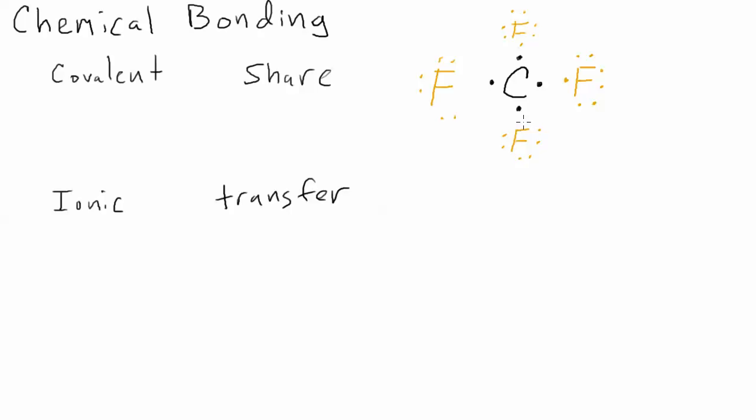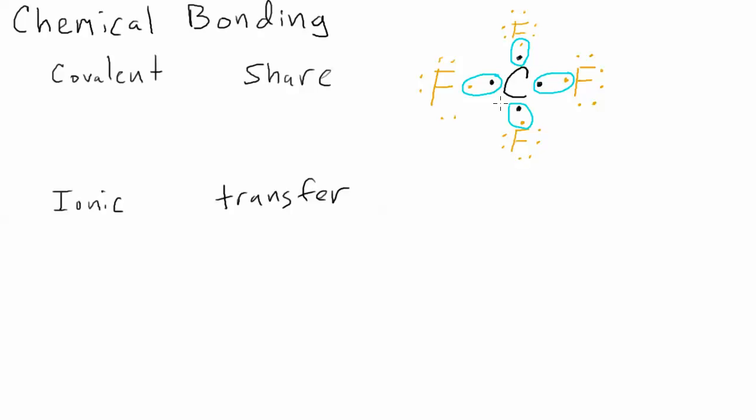And the carbon atom is going to share one of its valence electrons with each fluorine atom. And so what you get looks kind of like this. The carbon will share this electron with this fluorine atom, and it will share its lone valence electron with the carbon atom. And then the same thing will happen over here. They share their lone valence electrons, and then over here and over here.